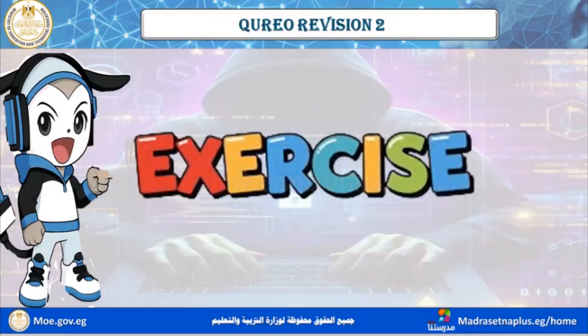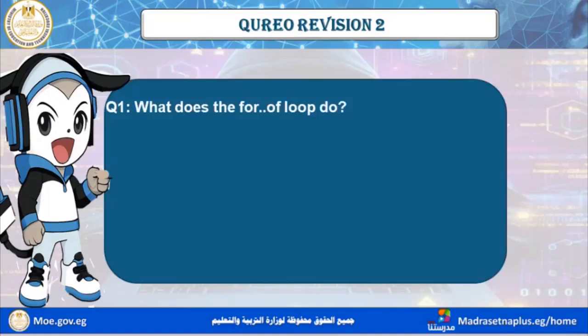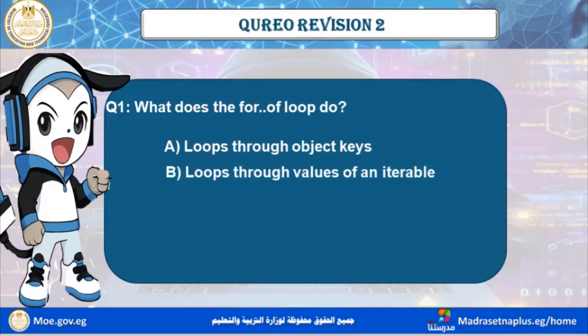Now it's time for an exercise. What does for of loop do? Loops through object keys, loops through values of an iterable, runs code forever, loops only numbers. Of course not C and D. No infinity loop, in for loop, it's not for an infinity loop.